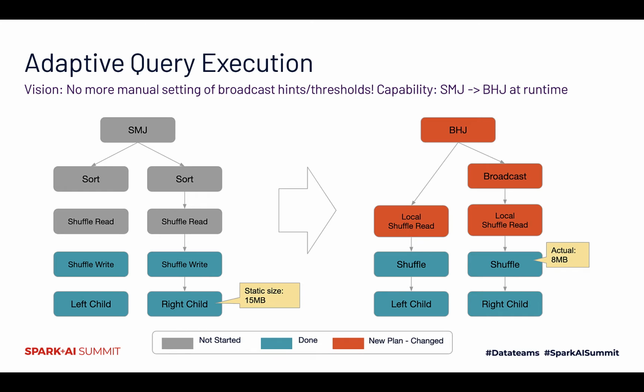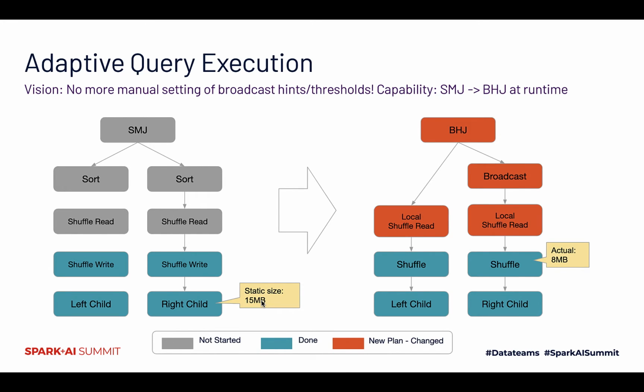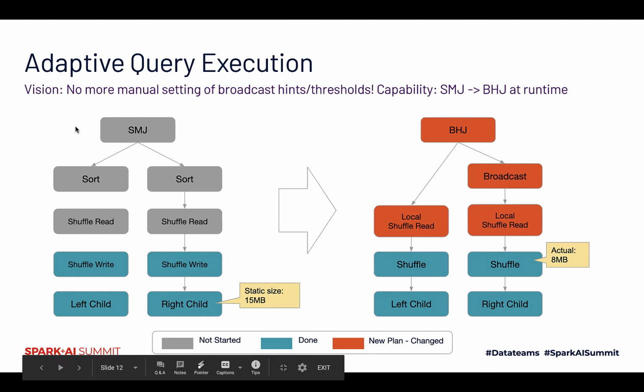Starting in Spark 3.0, we have adaptive query execution. So here we see a case where Spark, by reading the file size, identified that this right-hand child of a join was 15 megabytes, which is above the default 10 megabyte threshold for using a broadcast join. And this is the best Spark could do in Spark 2.x.